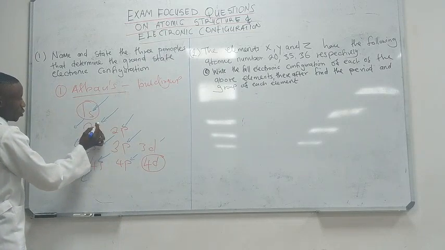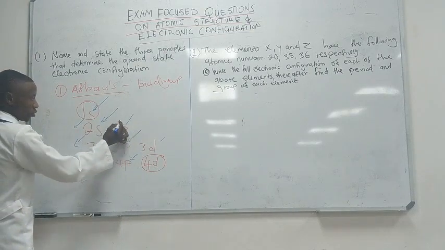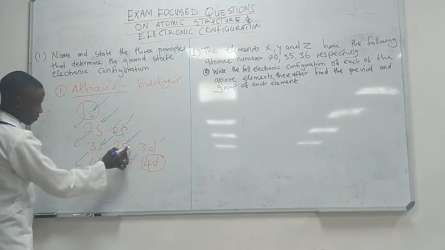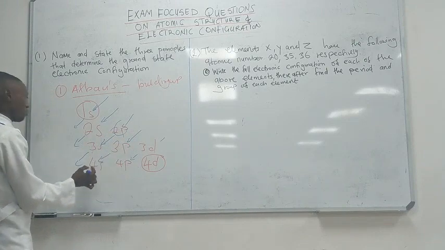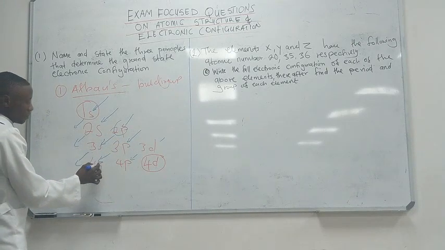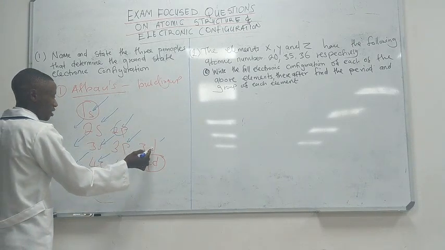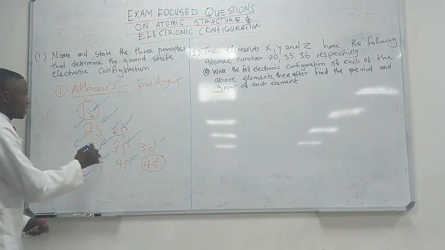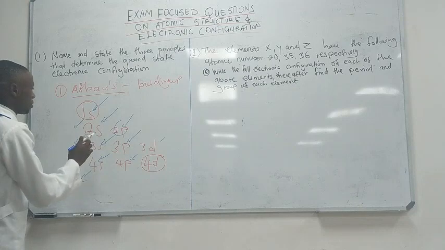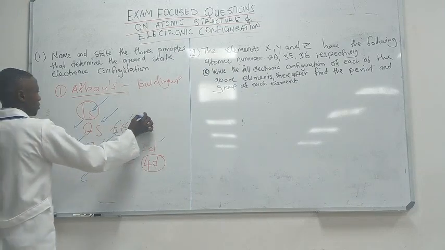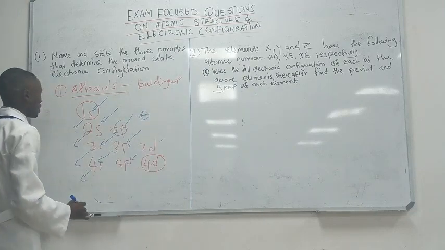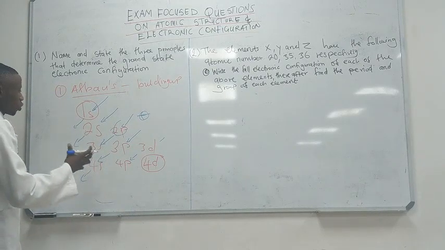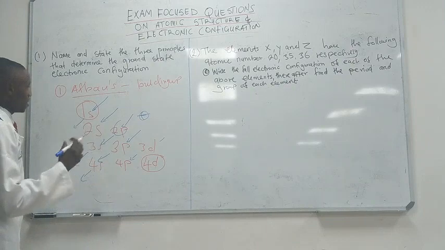From 1s you come to 2s, from 2s you come to 2p, from 2p you come to 3s, from 3s you come to 3p, from 3p you come to 4s, then from 4s you come to 3d, 4p, and just like that. This is what you follow when looking at Aufbau's principle, and it is a straightforward principle that helps us to determine the electronic configuration of elements.